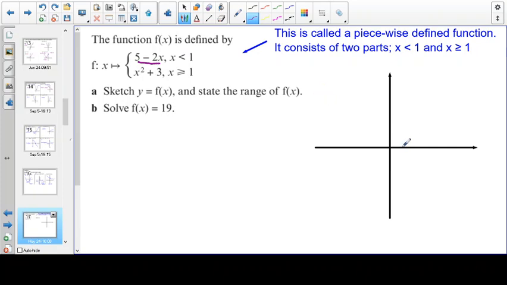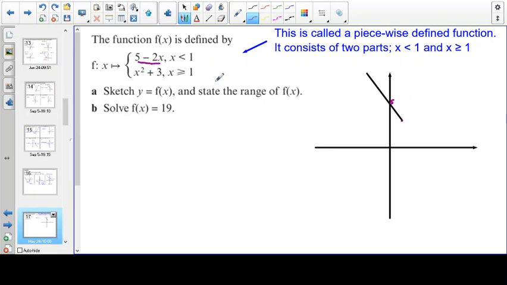So when x equals 1, y is going to be 3. And then it's going to go that way. Okay, so that's going to be the smallest value, and then it's just going to go up like that as a straight line. And that's going to be at 5.